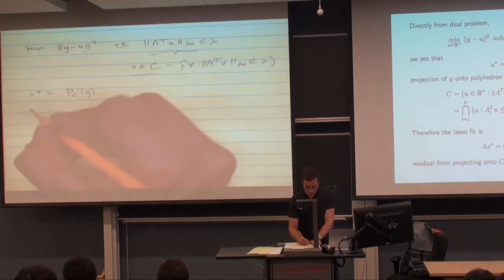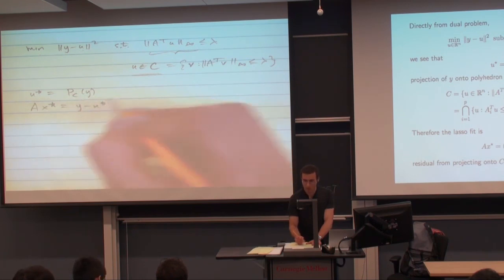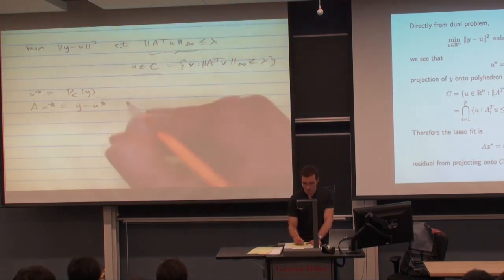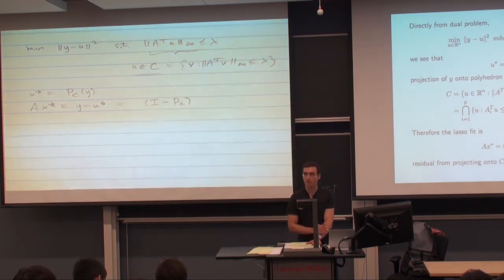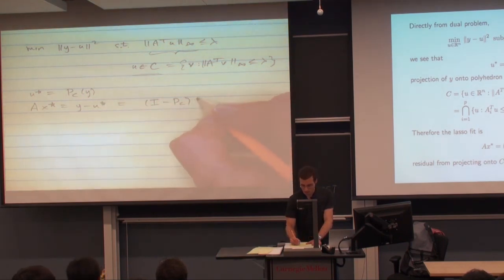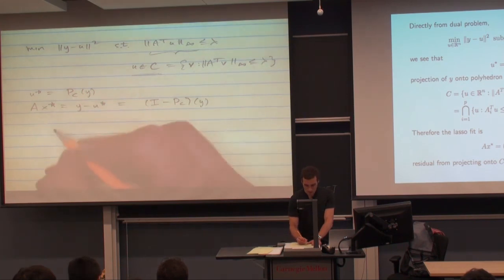So what does that tell us now that we know that A x star is equal to y minus u star? That tells us that the lasso fit is I minus the projection onto C of y. So it's the residual from projecting onto the set C. And what's C?